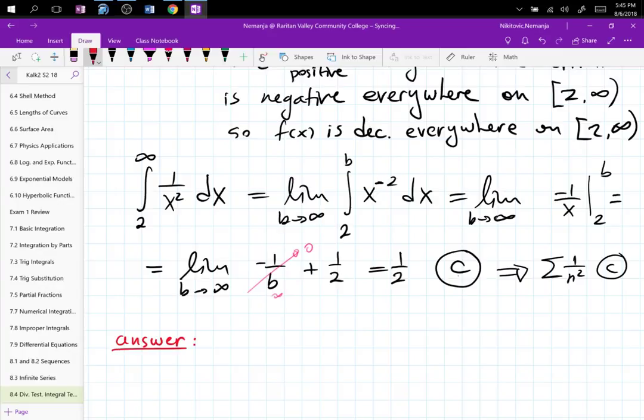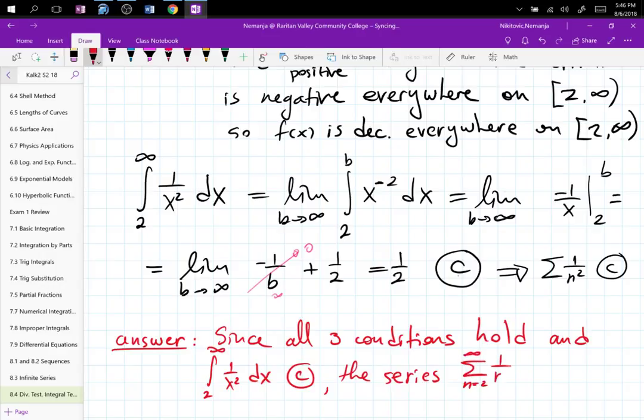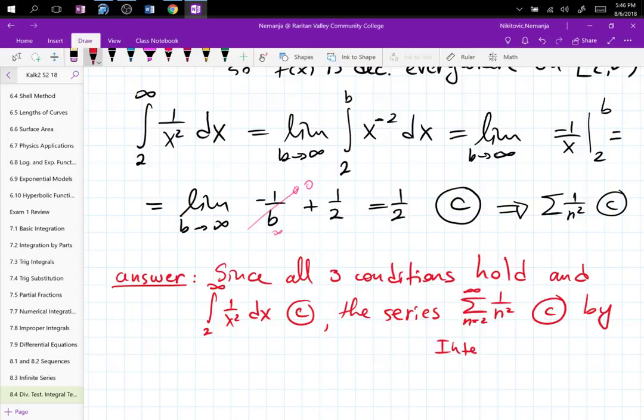The one that you get the points for. So what's the answer? Since all three conditions hold and integral 2 to infinity of 1 over x squared dx converges, the series summation n goes from 2 to infinity of 1 over n squared converges by the integral test.